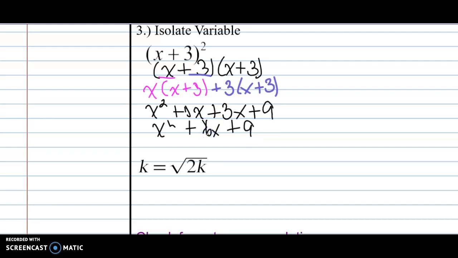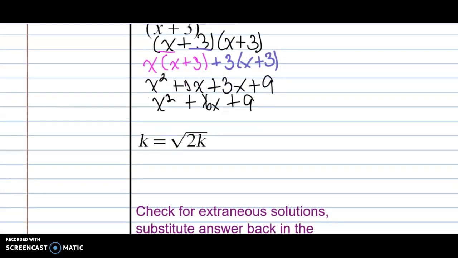This is supposed to be a 6, and here's a square, okay? So that's one way of expanding. Or you could just square the first term, square the second term, which is going to be your c value, and then just multiply 3 times x by 2, which is 6x. That's another way.